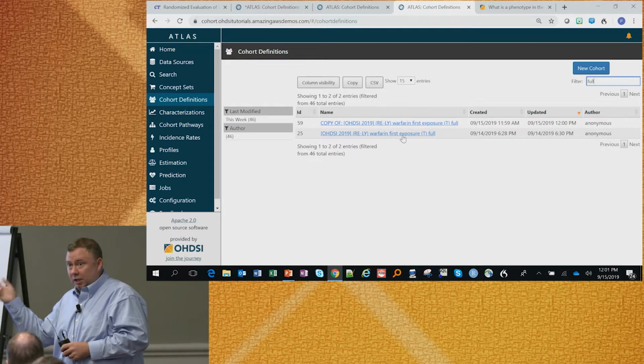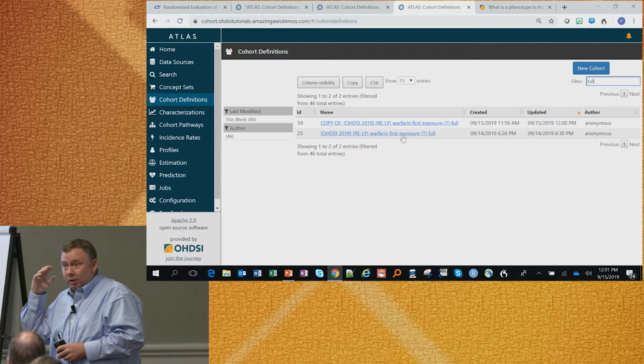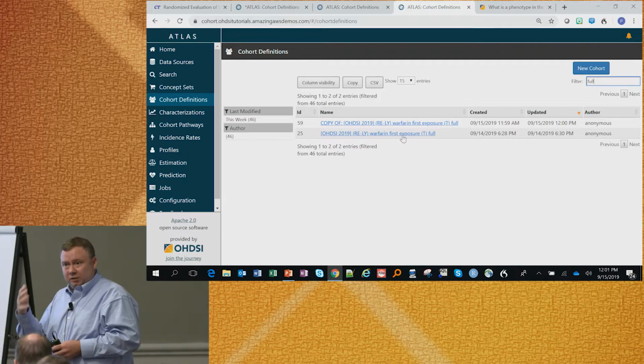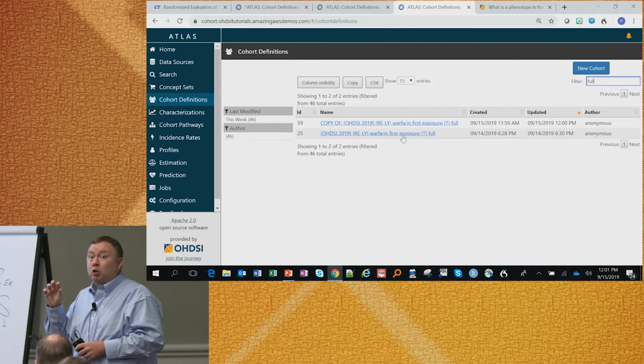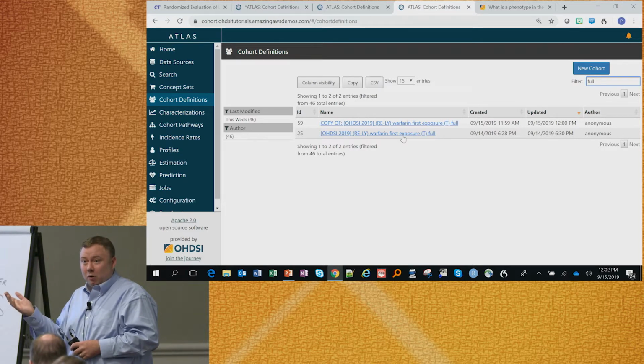in the Odyssey community. So what that means is now you have a tool that is publicly available on the Odyssey website and that you can download and install locally in your environment. So now you can create cohorts, whether or not you have access to patient level data, and ask questions of the world's data.